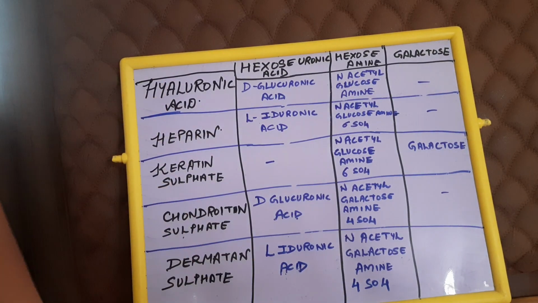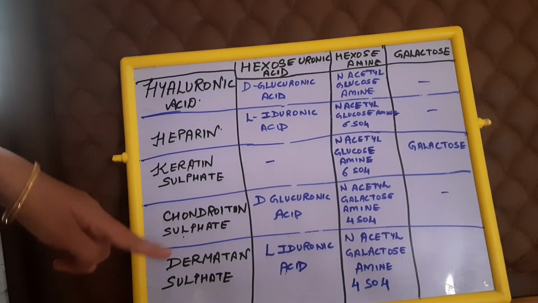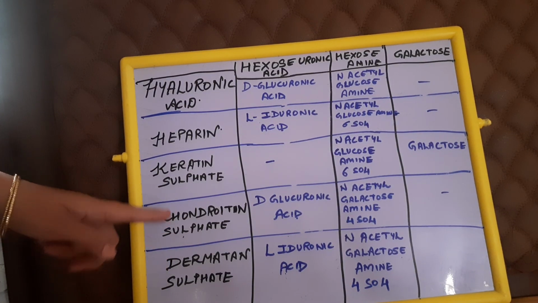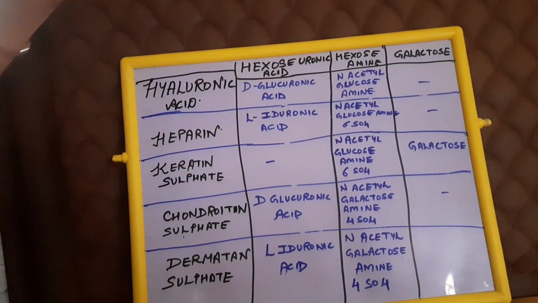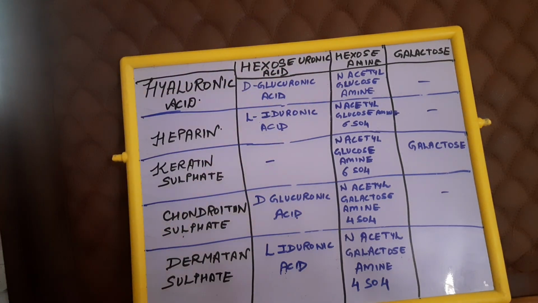Now we come back to chondroitin and dermatan, like A, B, C, D. C for chondroitin sulfate, D for dermatan sulfate. C and D are placed together in the alphabet, so I have named them together. From here we have a slight change in the monomeric units.